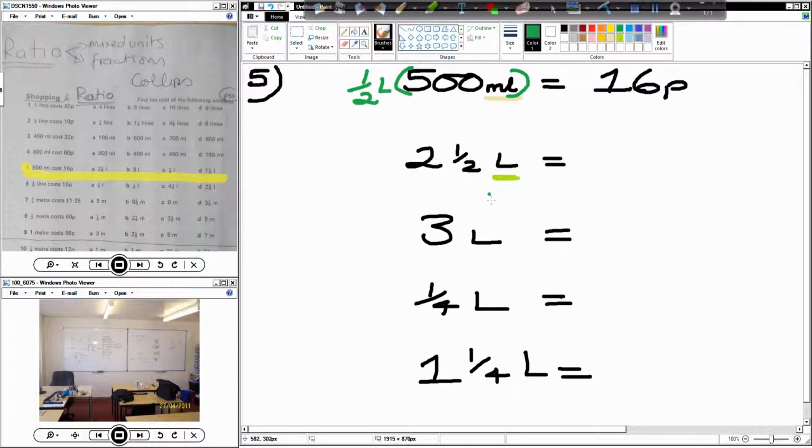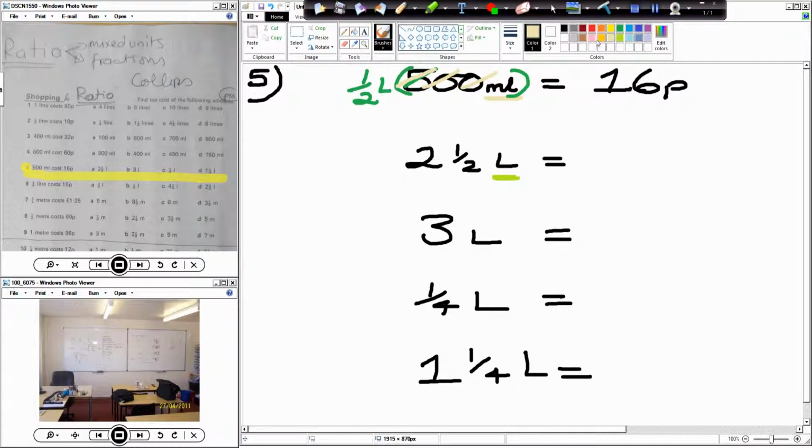So now everything is in terms of liters and the units are consistent. You have to make sure that the units are the same. If the units are different, we make them the same. So 500 ml has become half a liter.